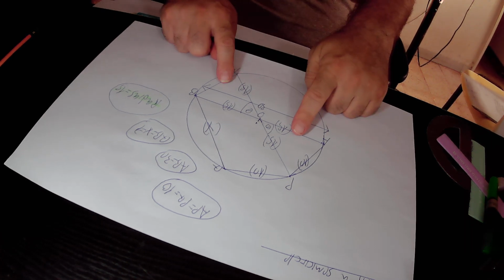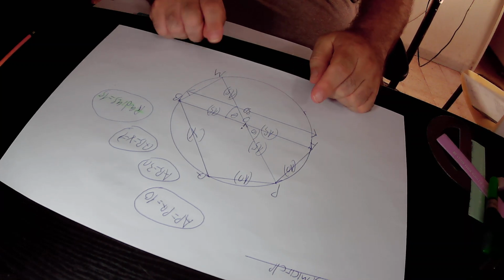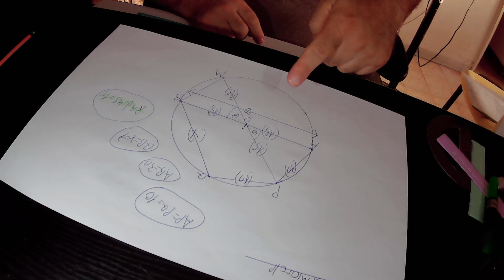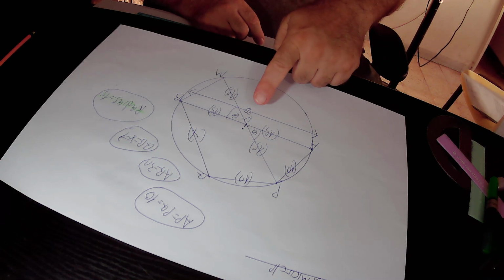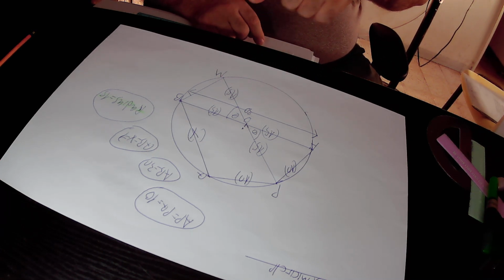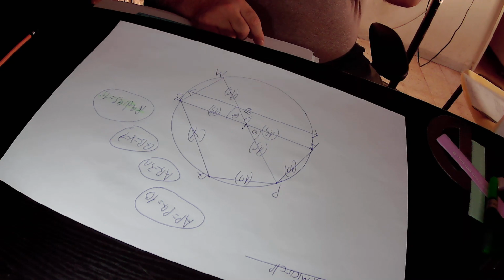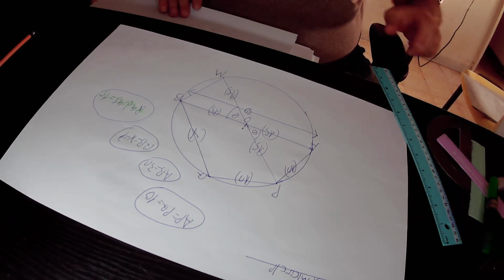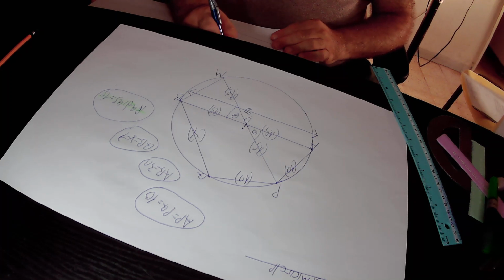So why can those two triangles go into each other? First of all, side PO of triangle AOP is equal to side OM of triangle OMB. They are both radii of the circle and therefore they are equal to each other. So PO equals OM.